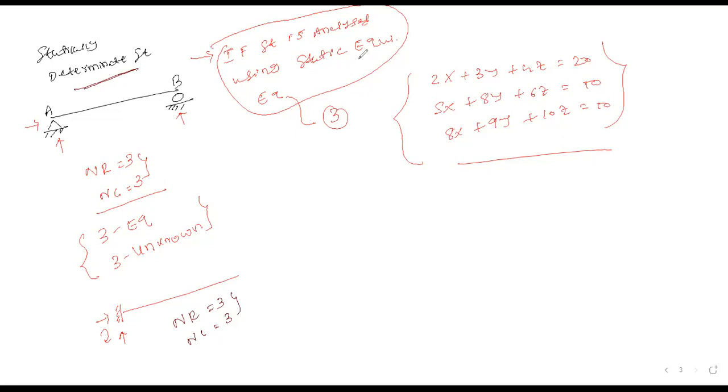Now suppose I am considering a structure like this. Tell me, which kind of beam have I drawn here? Case A, fixed beam. Case B, this is your fixed beam.